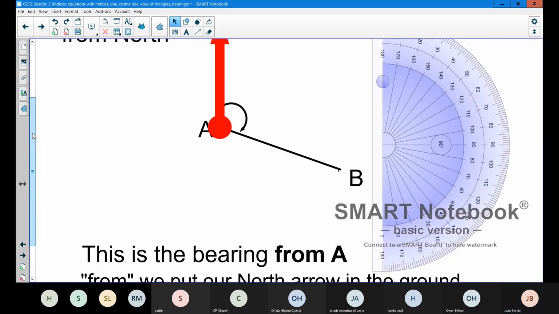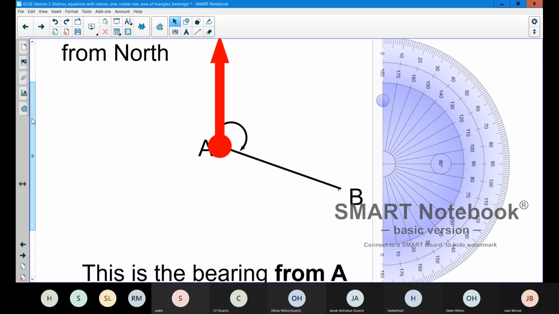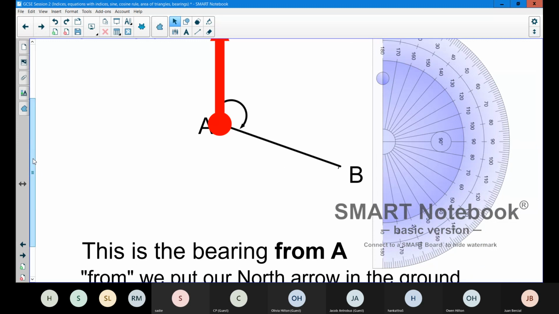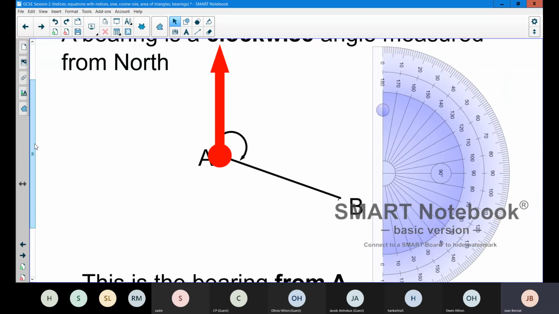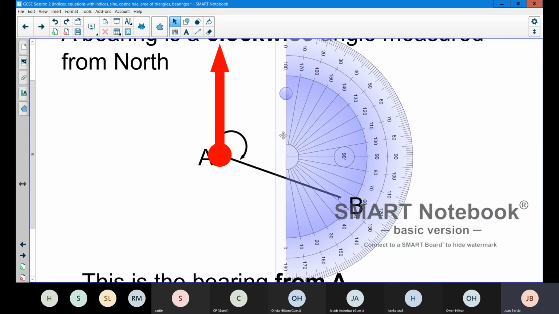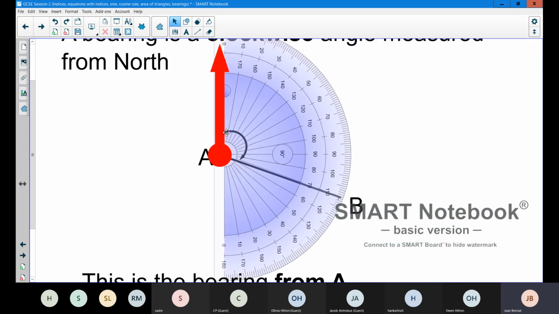Because it's the bearing from A, we put the arrow there. This is going to be our north. So I'm putting the protractor there, and it's the angle that is clockwise.